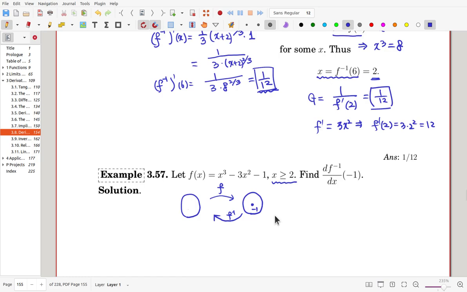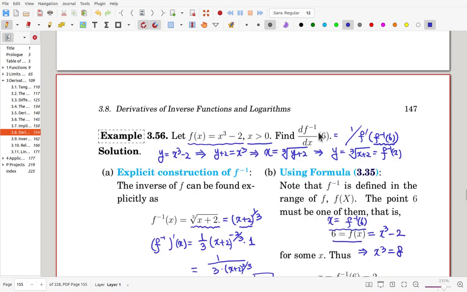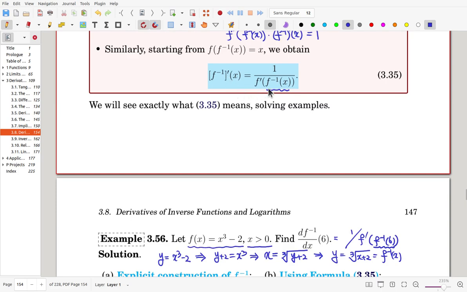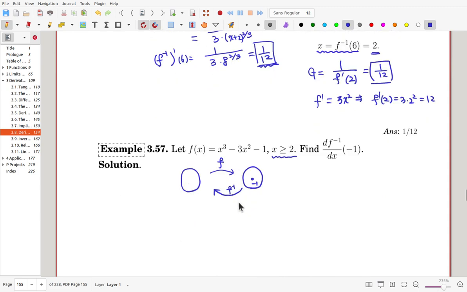Now, we have to use the formula that is related with f prime, but f itself is defined on the other side, so you have to measure f prime on the other side. The point is basically to find the corresponding point of -1 over there. So you have to find first the corresponding point of -1.